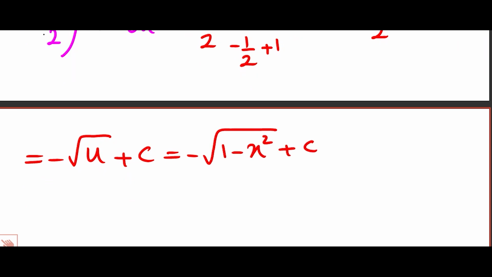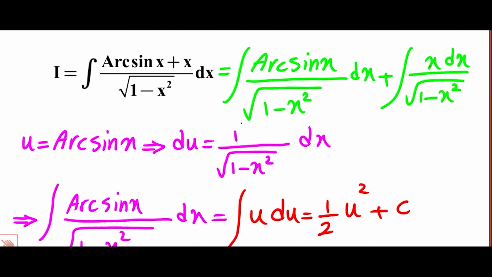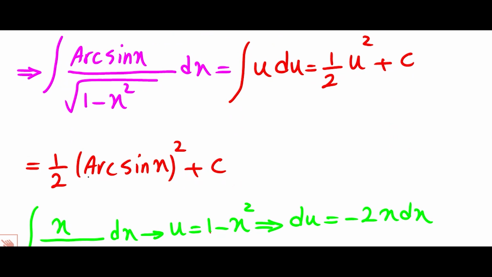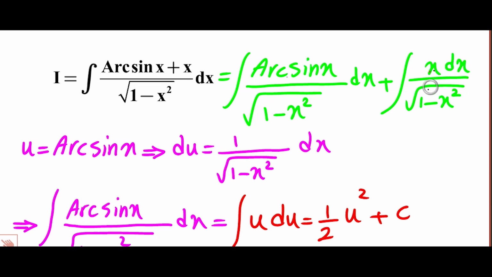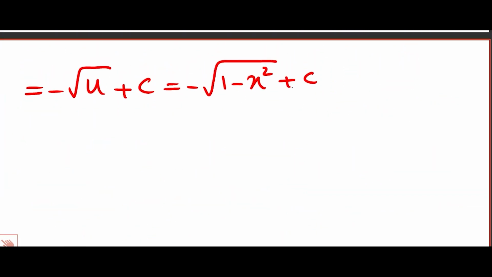Right? So the integral of arc sine of x over the square root of 1 minus x squared dx is 1/2 times arc sine of x whole squared plus c, and the integral of x dx over the square root of 1 minus x squared is negative the square root of 1 minus x squared plus c.